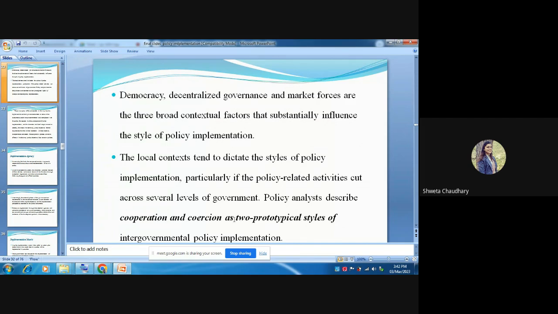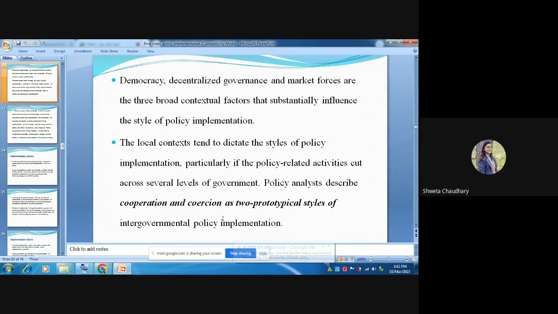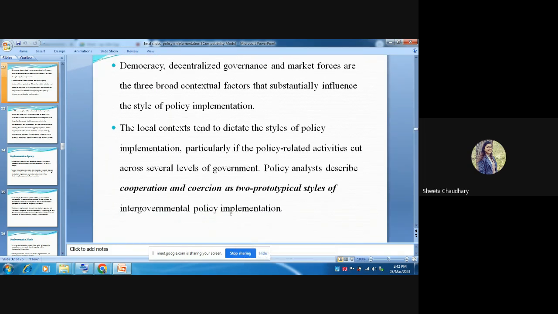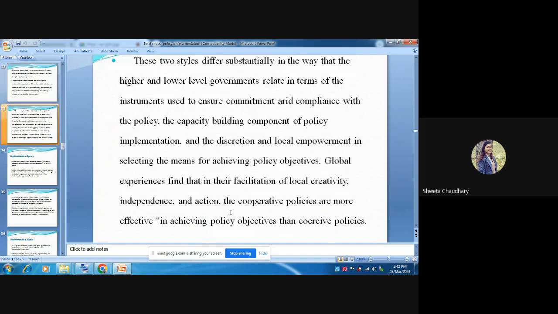Cooperation means it should be for mutual profit, beneficial for both the government and the people of the economy. Or you just force a policy, saying you have to do this, without seeing the pros and cons of that policy for the people, whether the people want that policy or not. These are the two styles of policy implementation, coercion and cooperation.